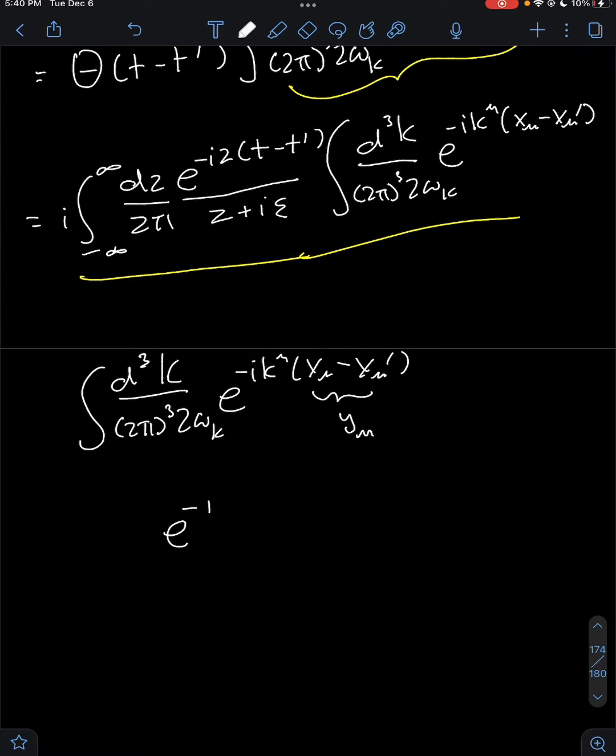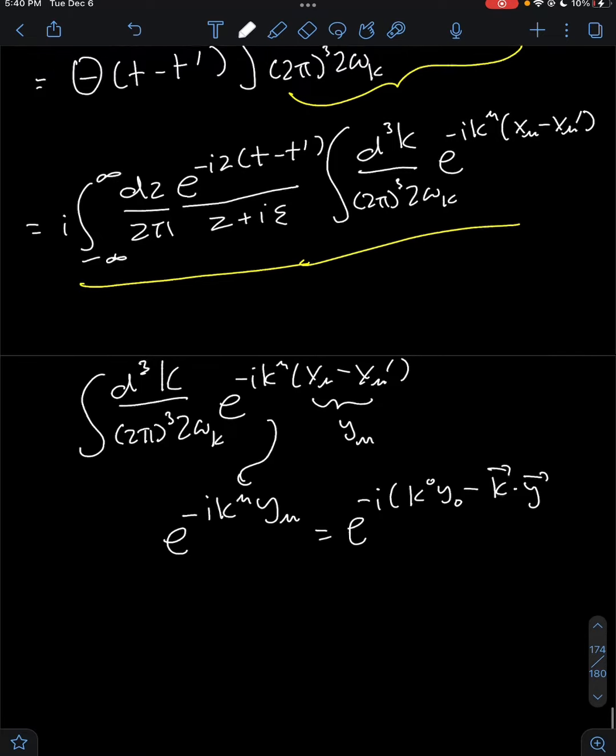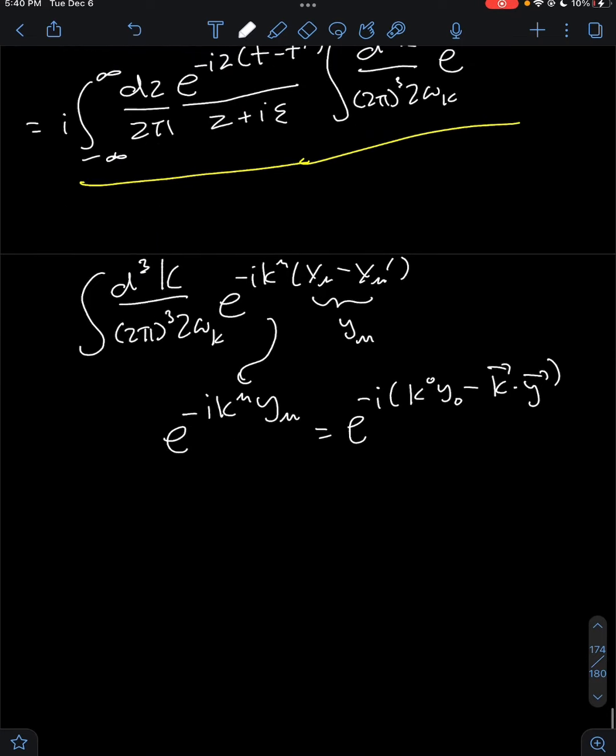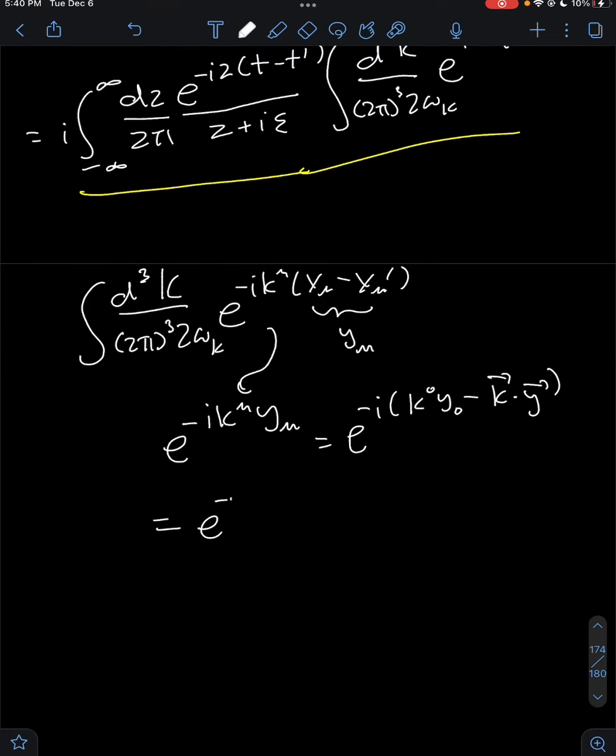So we have e to the minus i k_mu y^mu, which can be expanded as e to the minus i times k_0 y_0 minus the three-momentum k dotted with the three-vector y. That's going to be equal to e to the minus i k_0 y_0 times e to the i k dot y.